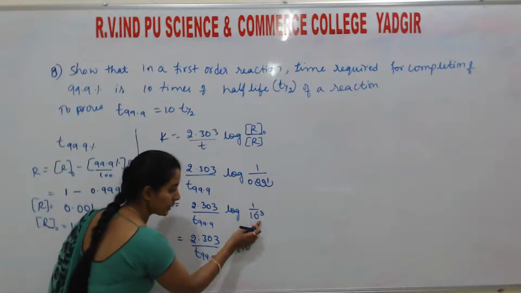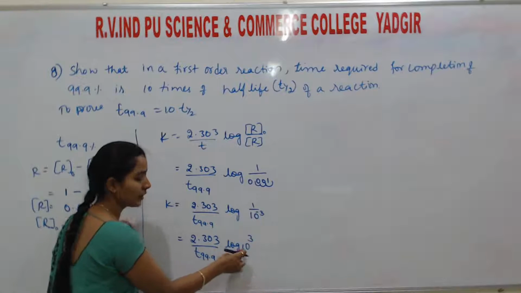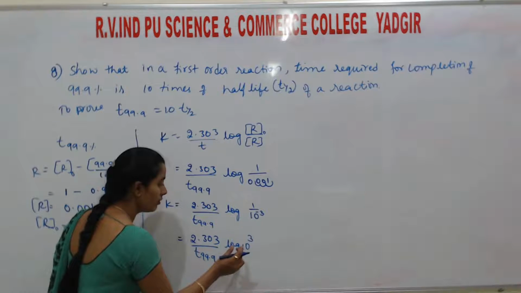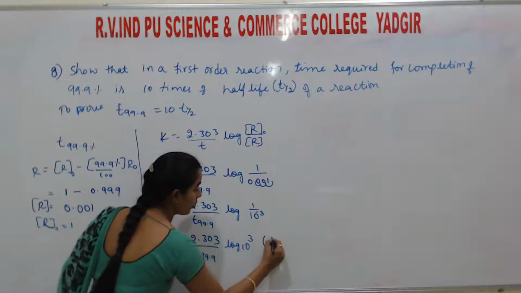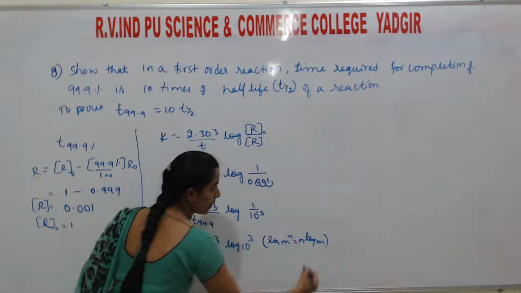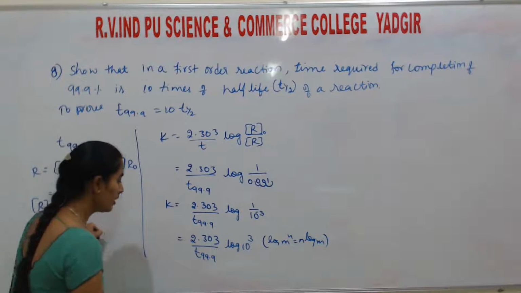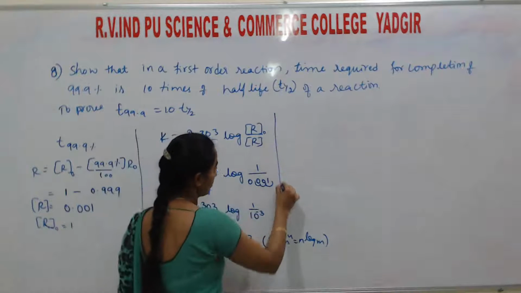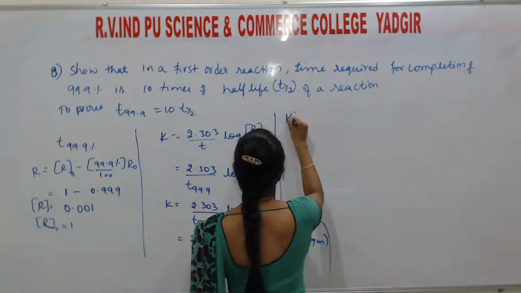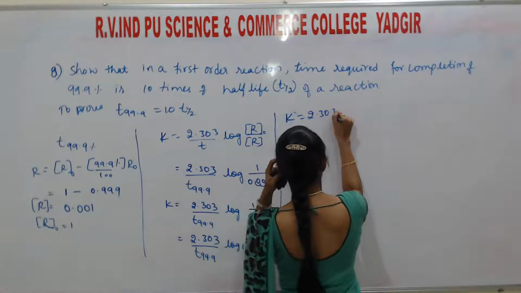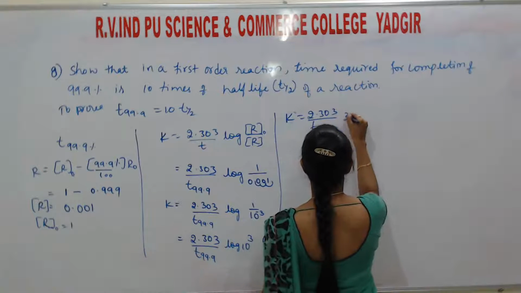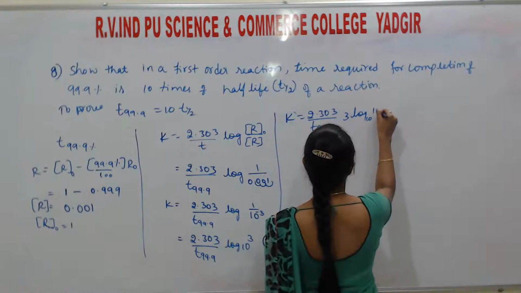Okay, because this 10 raised to minus 3 is there, if it goes to the numerator, this becomes 10 to the power 3. Okay, so students, now if this is in the form of log m to the power n, that means n log m. That means k is equal to 2.303 divided by T 99.9 into 3 log 10 to base 10.